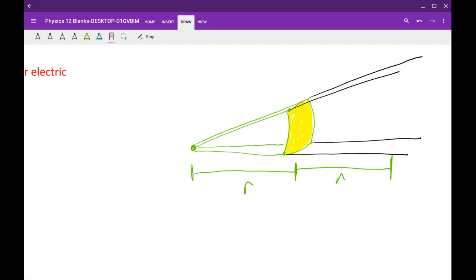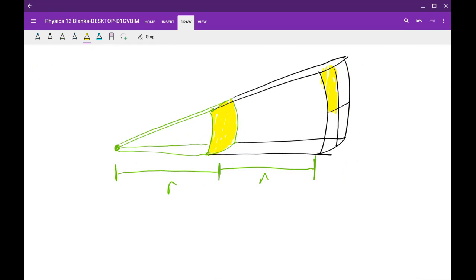Now, basically, I've got a sheet of paper like this. And if you look closely at this sheet of paper, it's actually 4 times bigger. It doesn't look like it in my drawing, but you have to use your imagination.